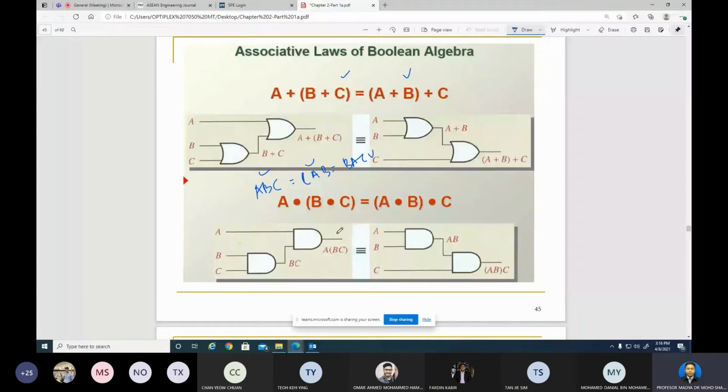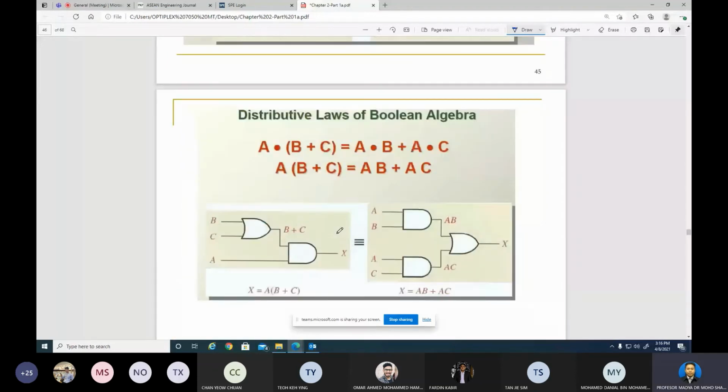Then the next is the distributive law. For example, we have A multiplied by B plus C. Also, you can write it like this: A dot B plus A dot C. So A multiplied by B, A multiplied by C, you just expand this Boolean expression.